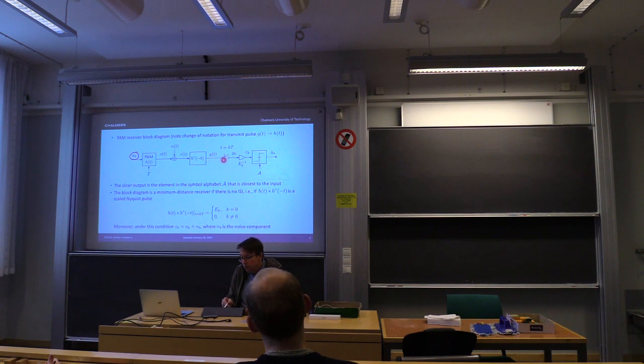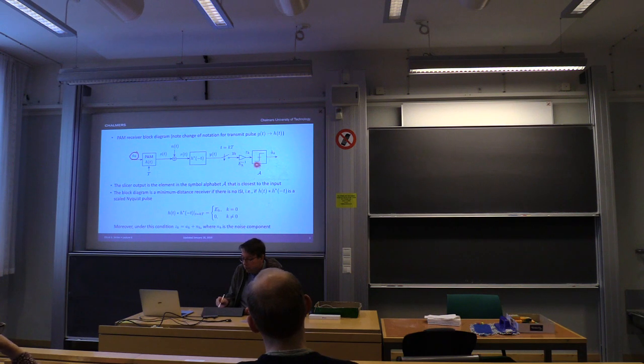We get some output, and we sample that once every T seconds with the same rate as we're transmitting pulses at the transmitter side. And then we get some samples, y, and then we multiply them with 1 over E_h, and then we get z. And this is the input to the decision device to spit out our guess about what the transmitted data was.